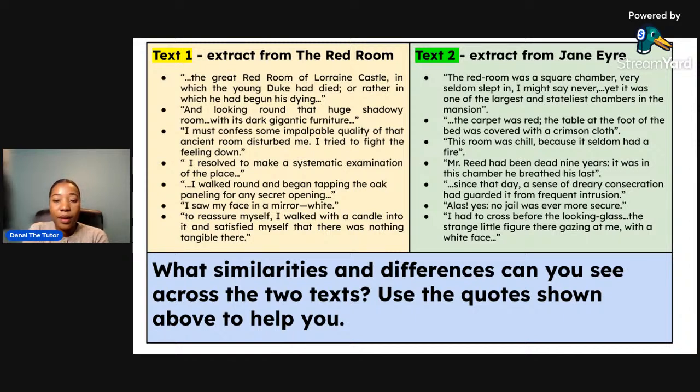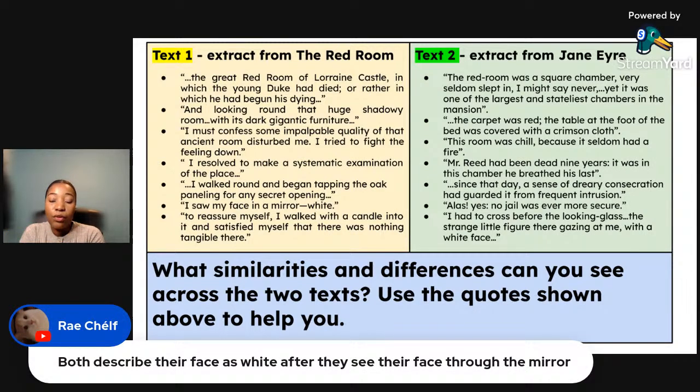Okay, time is up. So we'll have a look then, and you can type in any. Okay, thank you, Ray. Both describe their face as white after they see their face in the mirror. Good, yes, that is a similarity.